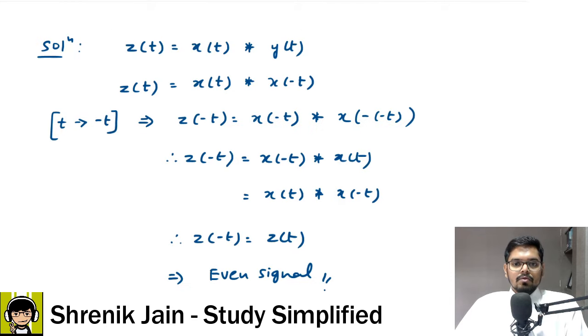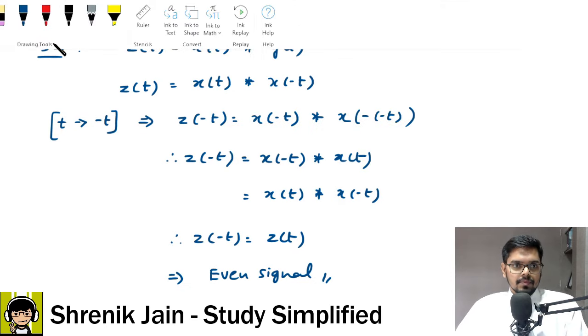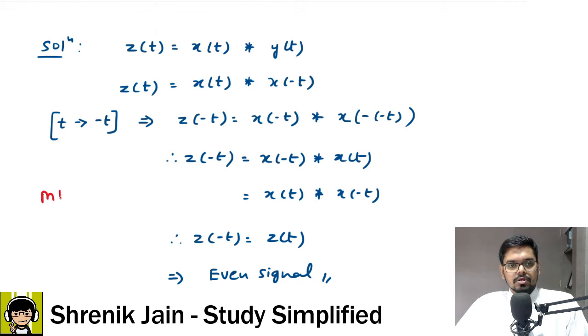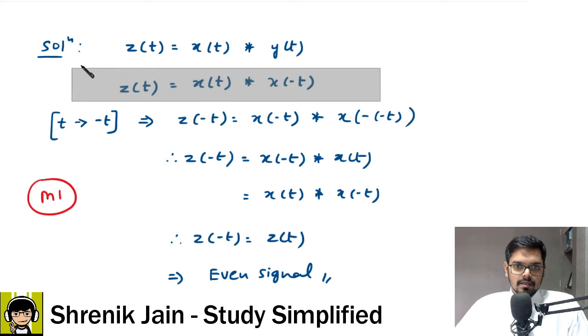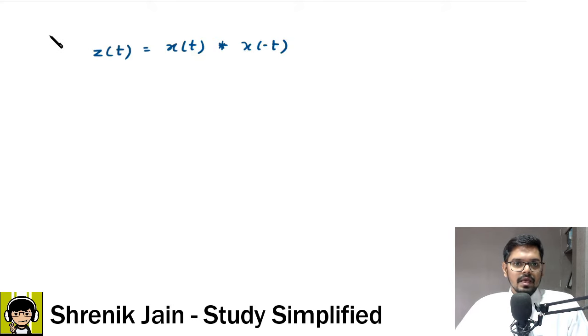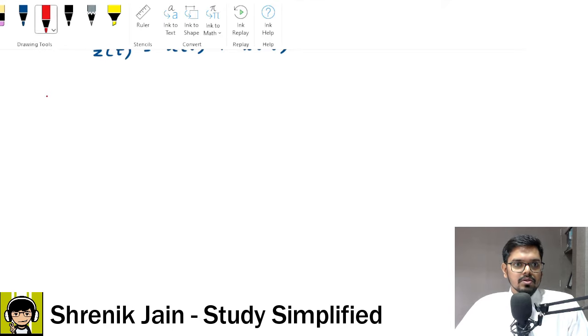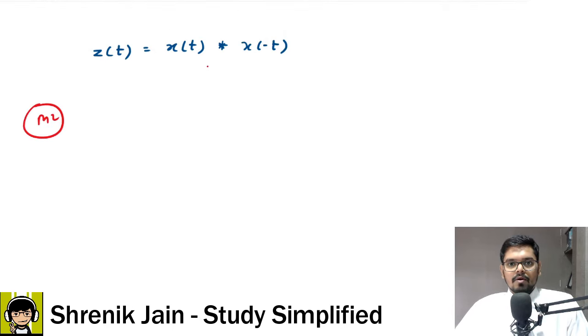Okay. Now this is method 1 to solve the question. There are multiple ways to solve the question. This is one of the methods, and I was like, the question is very easy. See this line itself, I knew the answer. By seeing this line, I knew the answer. You know why? Because x of t convolved with x of minus t, this is what? This is the autocorrelation function.